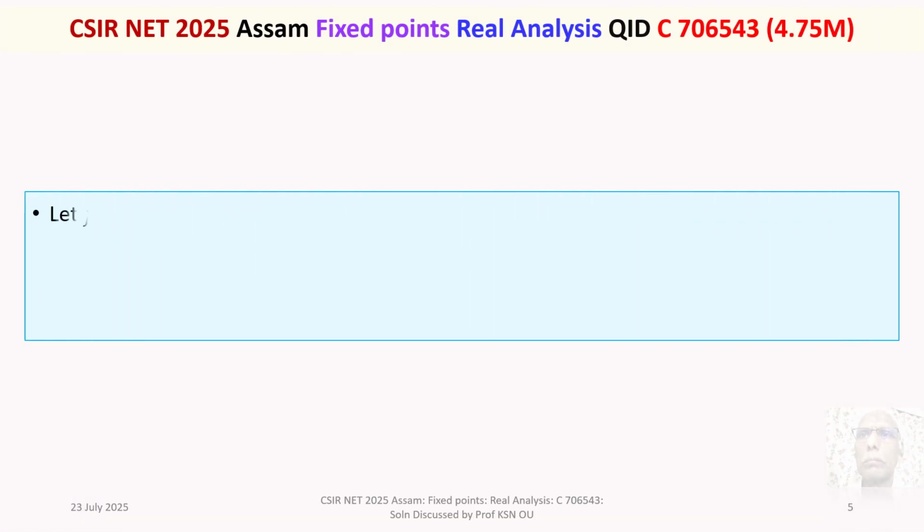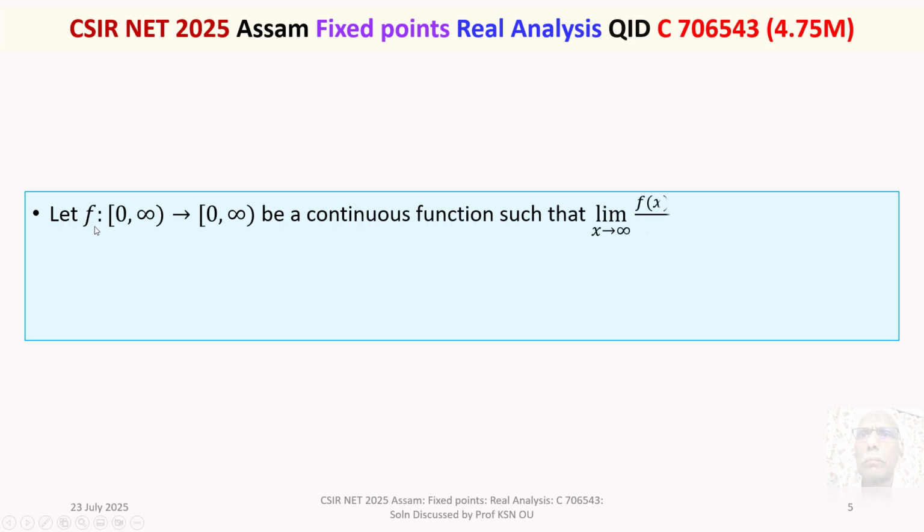Right. The given question is, let f be a map from the interval 0 to infinity, closed at 0, to itself be a continuous function such that limit as x extends to infinity of f of x by x is equal to alpha less than 1.